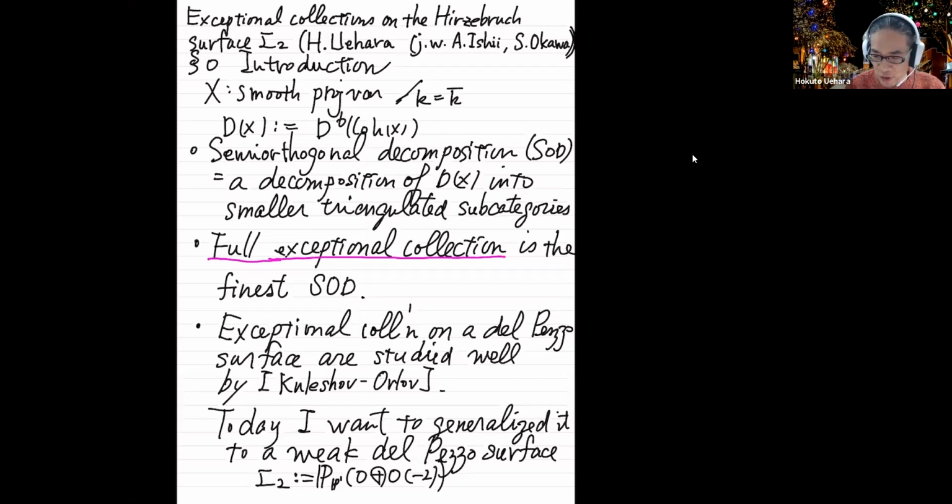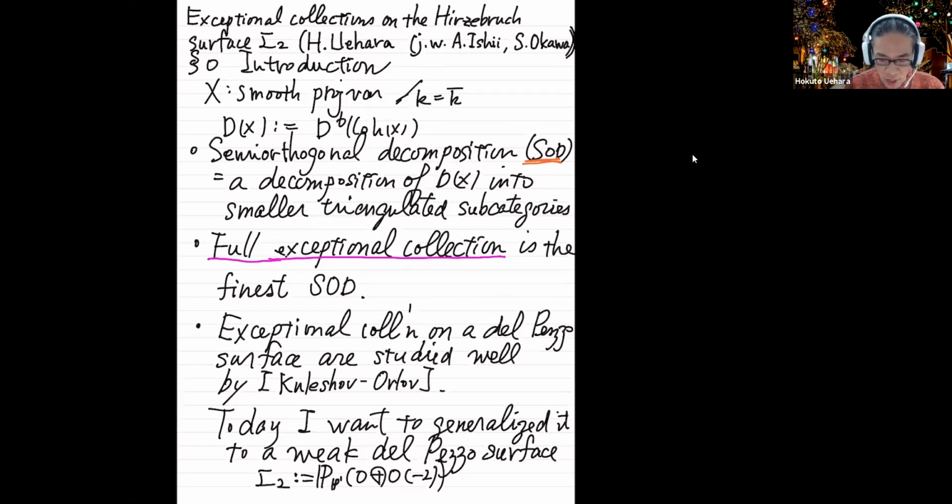This is just an introduction, so I won't give the precise definition, but SOD is a decomposition of a derived category into smaller pieces of triangulated full subcategories. And full exceptional collection is a finest SOD. I will give the precise definition later.